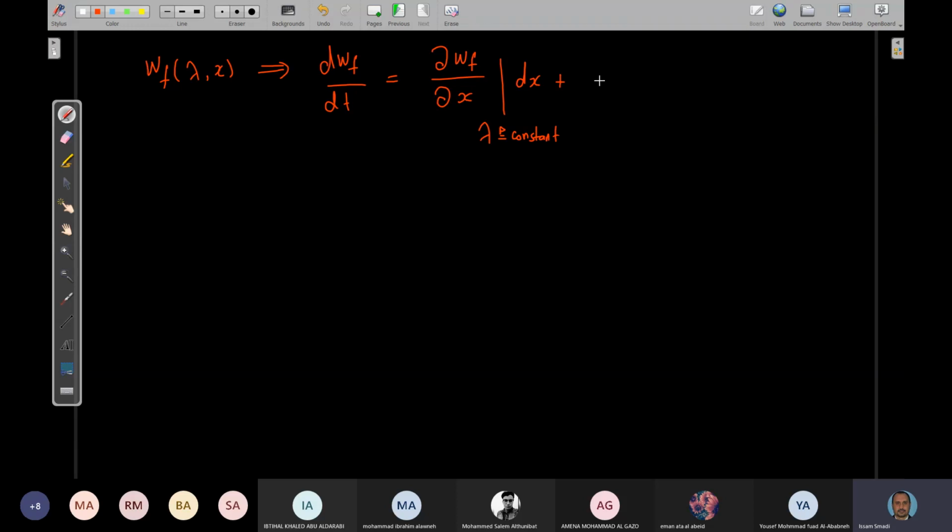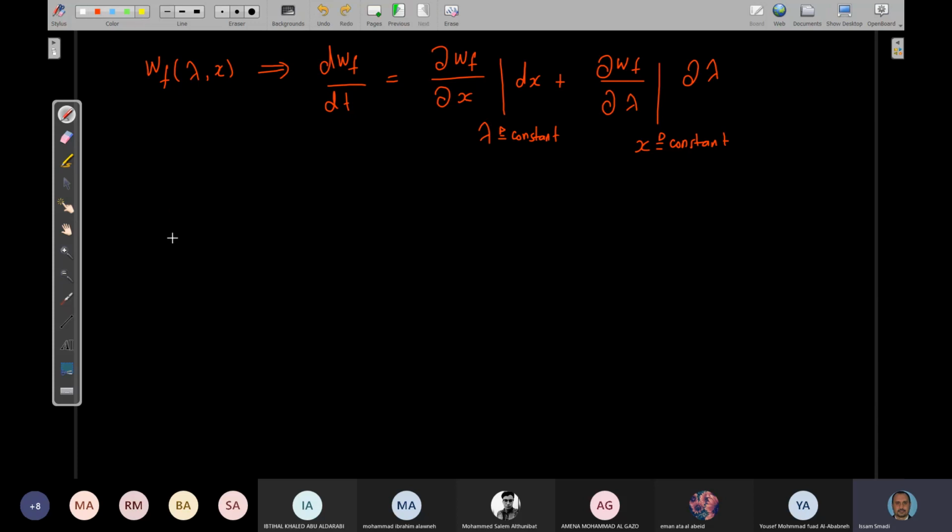The second one is partial omega f by partial lambda, assuming x is constant. This is a mathematical requirement. And this is d lambda. Now, do you remember how I wrote d omega f before?